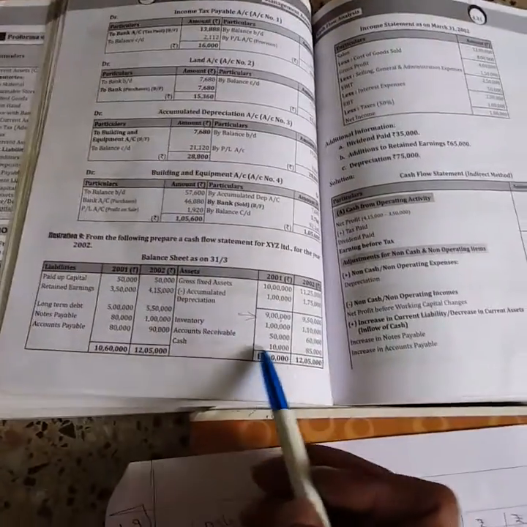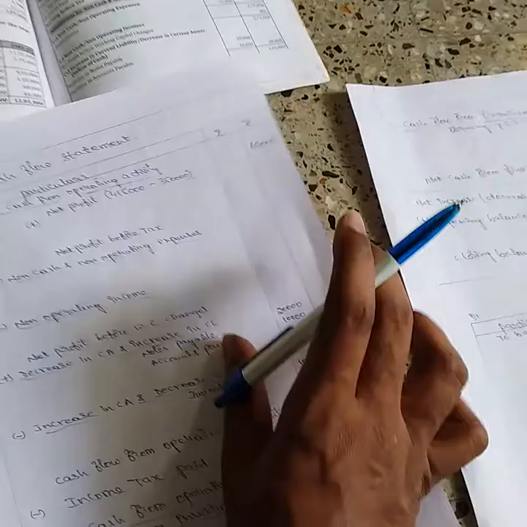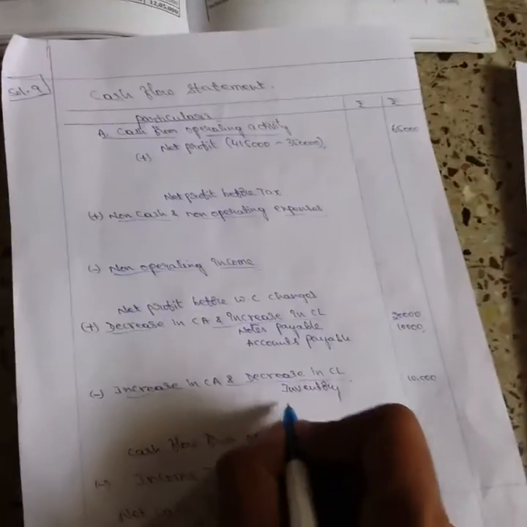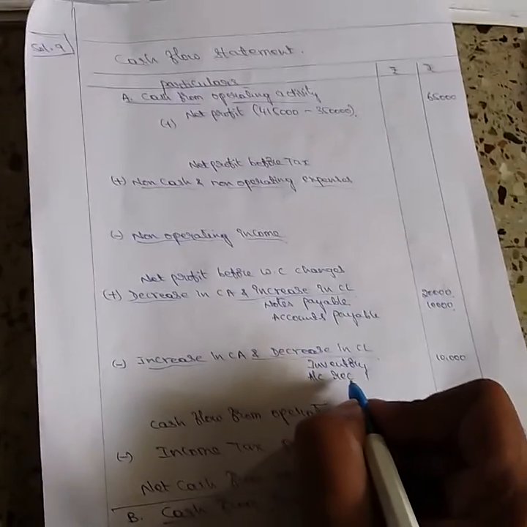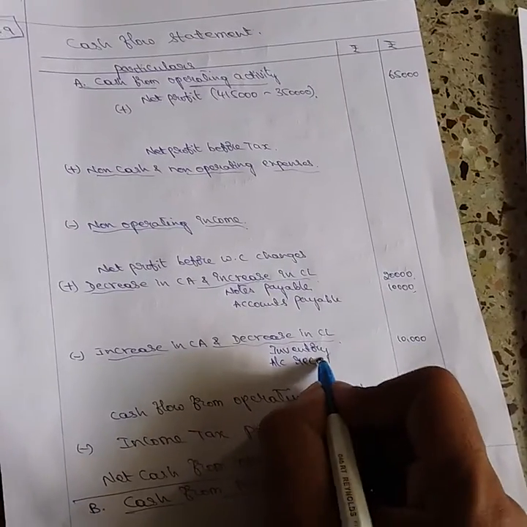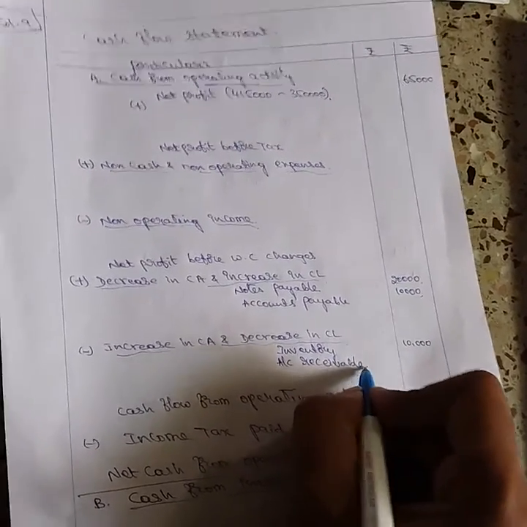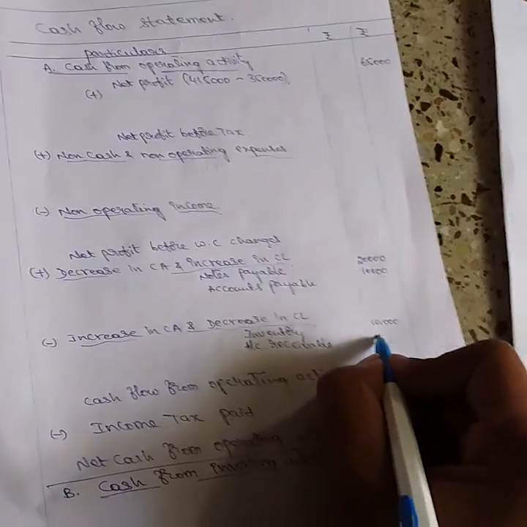Next, accounts receivable 50,000 has become 60,000. Again, current asset increased. Accounts receivable increased by 10,000.